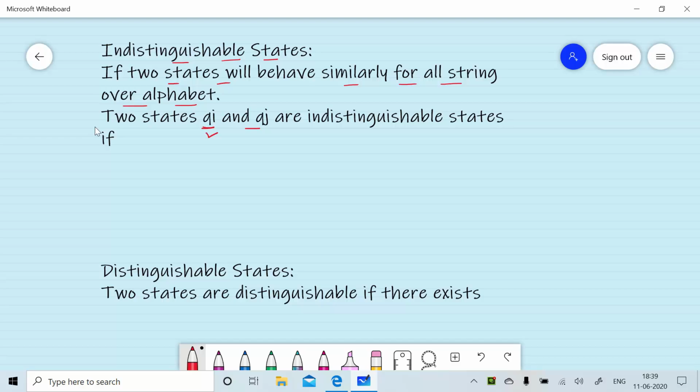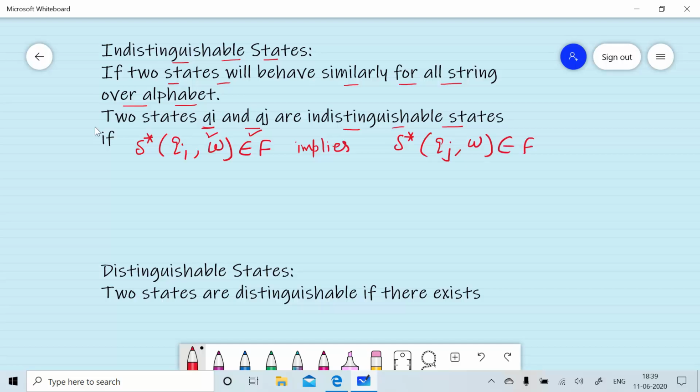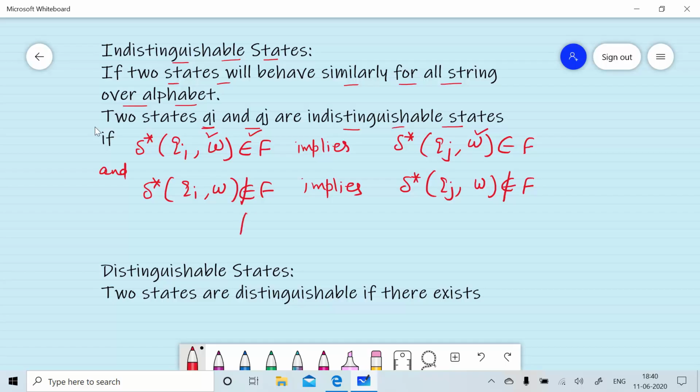Mathematically, if we have two states Qi and Qj, we will call these states indistinguishable if the extended transition function δ*(Qi, w) moving to a final state implies that δ*(Qj, w) will also move to a final state on processing of string w, and if δ*(Qi, w) moves to a non-final state, it implies that Qj on processing of string w will also move to a non-final state, and this holds for all strings w that can be generated from Σ*.